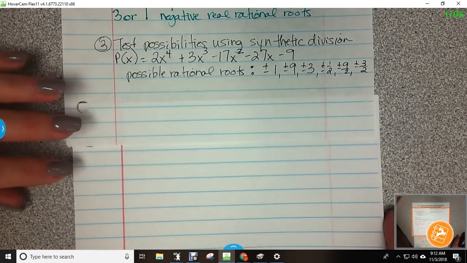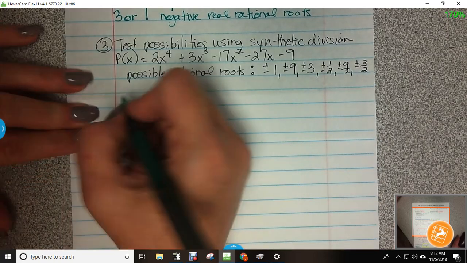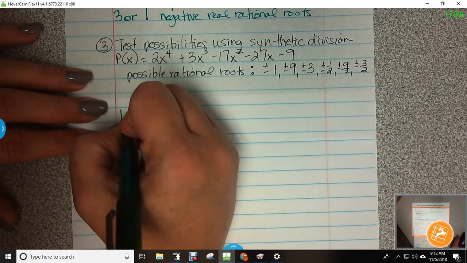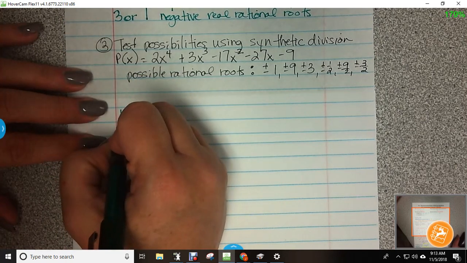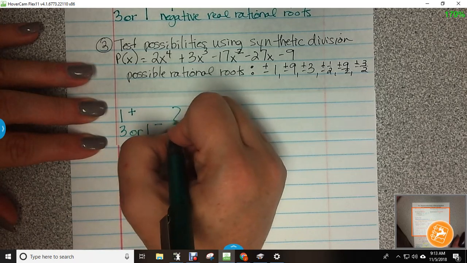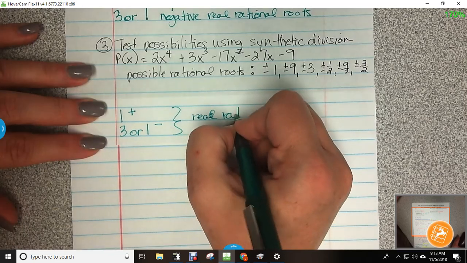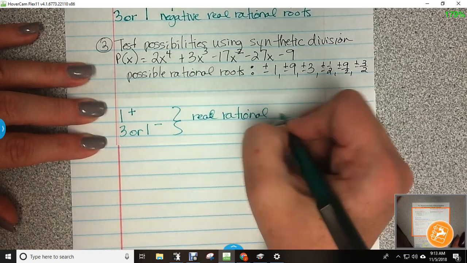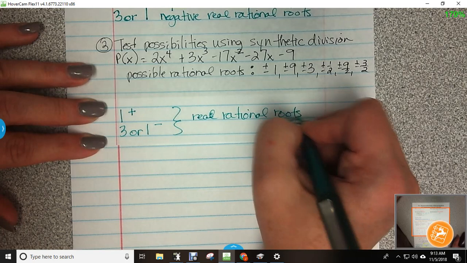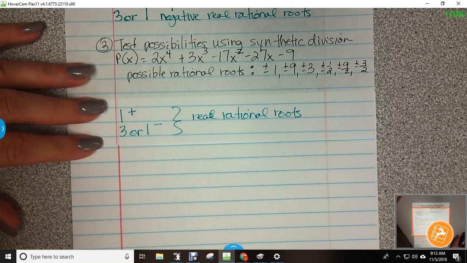The other thing to remember here is that we had one positive and 3 or 1 negative real rational roots. So I have to decide, do I want to start testing positive numbers or do I want to start testing negative numbers? Does not matter to me.